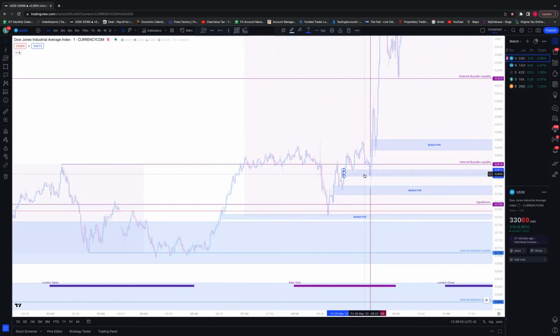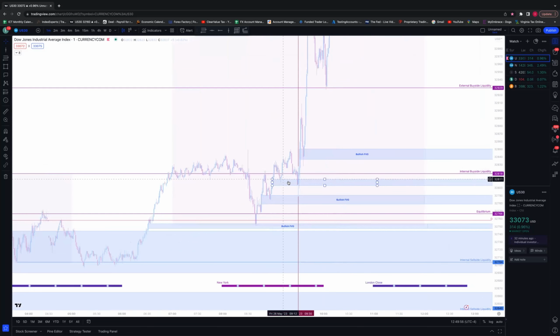So you can use this one too. And exactly at 9:30, we come back trading to the first one. You could have gotten on the second one as well. So it's not that it's completely wrong, but you want to pick the first one that got created after taking liquidity.